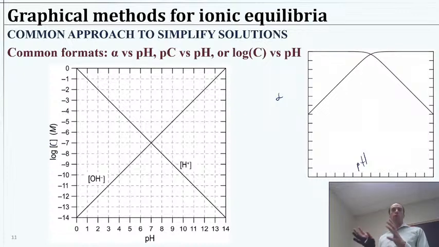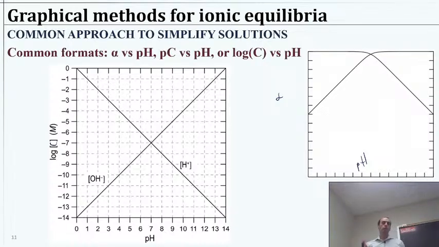But I really want to focus on the log-log plots here. And sometimes you'll also see, instead of log C, you might see pC. And when we get to some of the redox chemistry, we'll look at pE, which is an electrochemistry or redox potential value that we might be interested in. So we'll see plots like that.